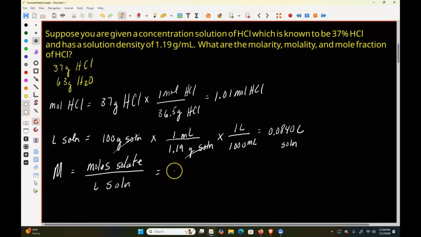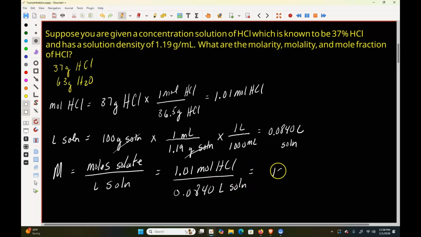So that means that we have 1.01 moles of HCl over 0.0840 liters of solution. That gives us 12.0 molar HCl.